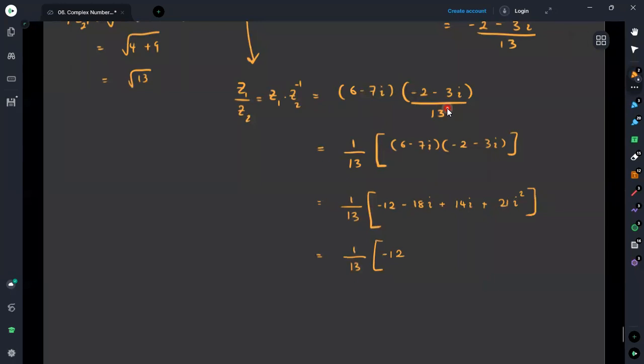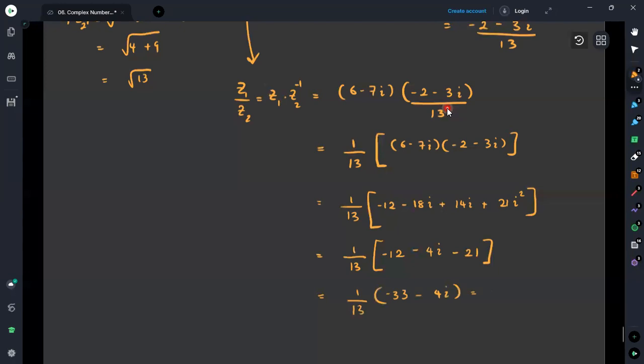Addition of the two imaginary terms, minus 18i plus 14i, gives minus 4i. Then plus 21 i squared gives minus 21, since i squared equals minus 1. So we have 1 over 13 times minus 12 minus 21, which is minus 33, minus 4i.